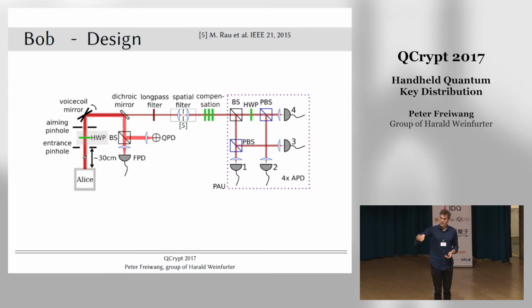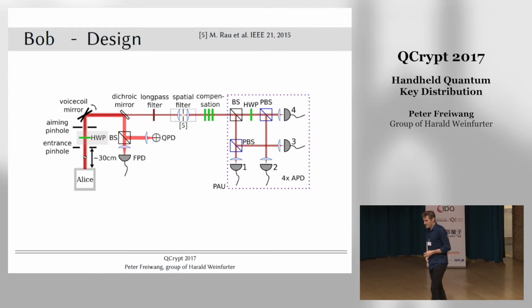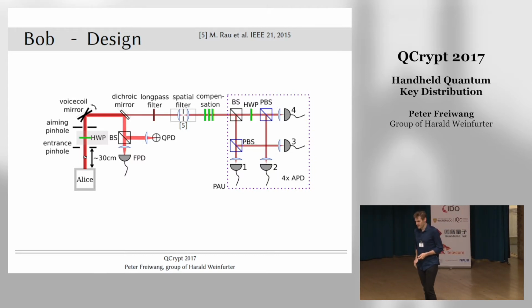The user can rotate the hand, and we compensate these rotations by moving a motorized half-wave plate, and the feedback is given by a mobile phone placed on top of the sender.